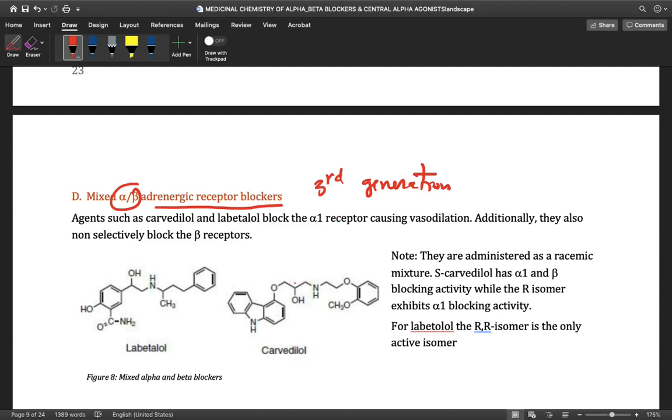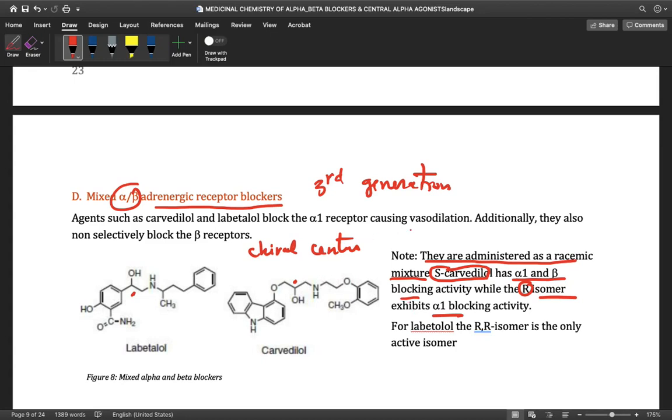When you look at those molecules, they have a chiral center, okay, and they are administered as a racemic mixture. S-carvedilol has alpha 1 and beta blocking activity, while the R isomer only has alpha 1 blocking activity.